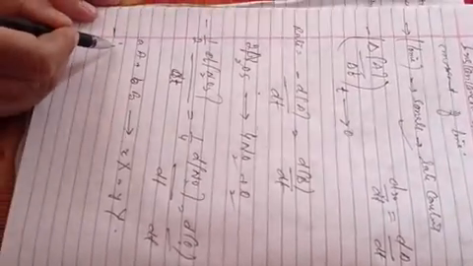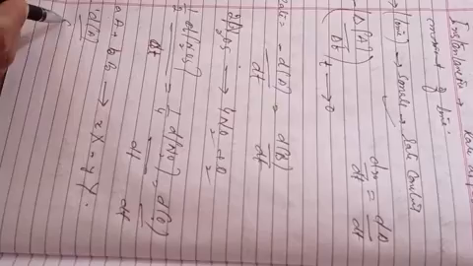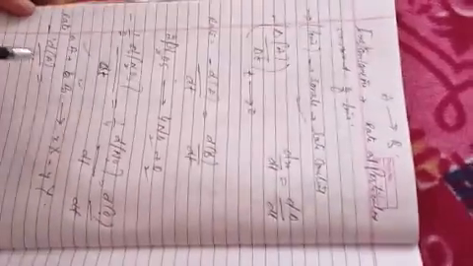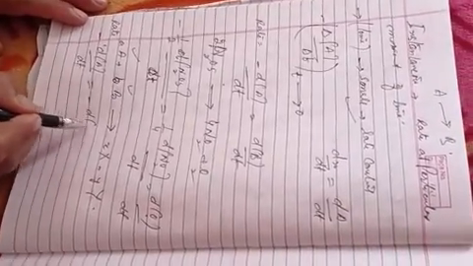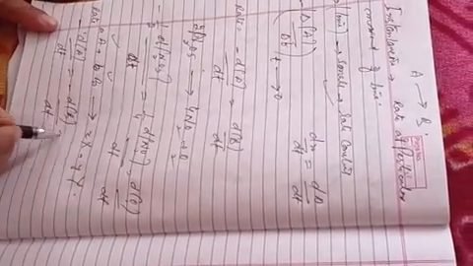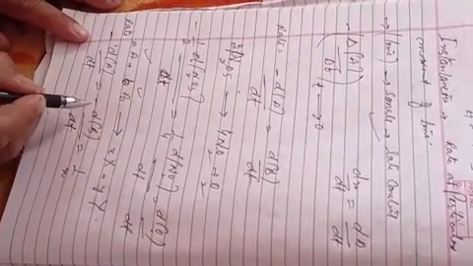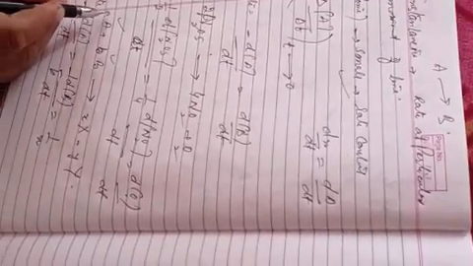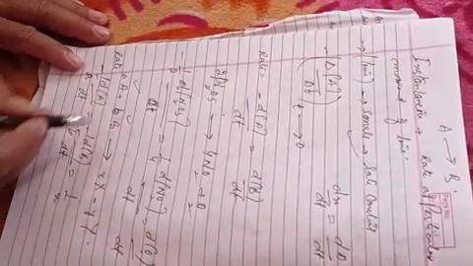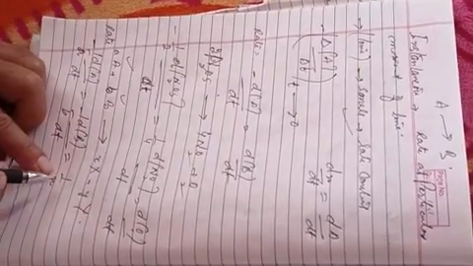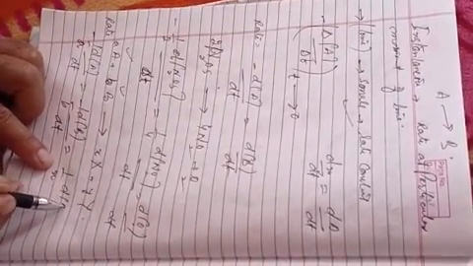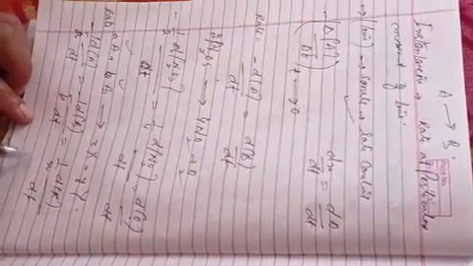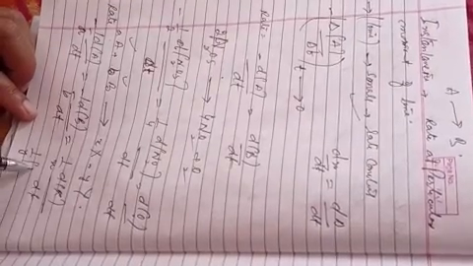It is minus d concentration of A divided by dt, and the rate is equal to minus d concentration of B divided by dt, equal to 1 by x d concentration of X divided by dt, equal to 1 by y d concentration of Y divided by dt. Each term is divided by its stoichiometric coefficient: 1 by a for A, 1 by b for B.